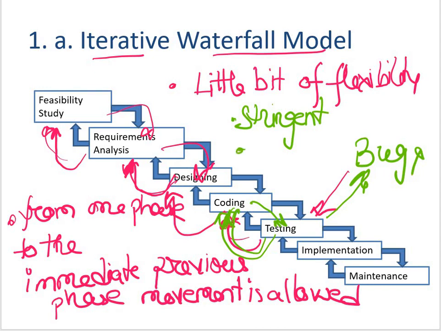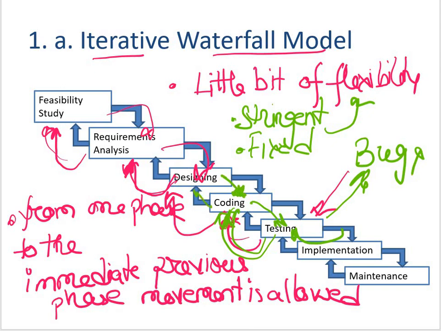The major drawback of the waterfall model was that it is very stringent, frozen, fixed. So some amount of flexibility I can observe here. I'm easily moving to the previous phase. From implementation, I observed something and I'm immediately going back to the testing phase. Even from coding, I observed that based on the design documents, the coding is not fitting well.